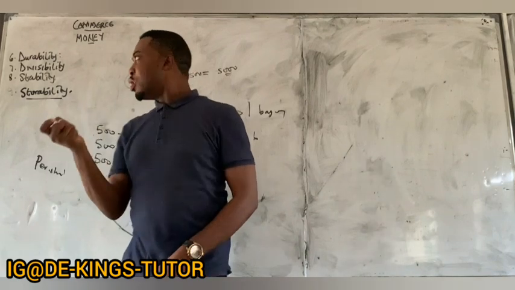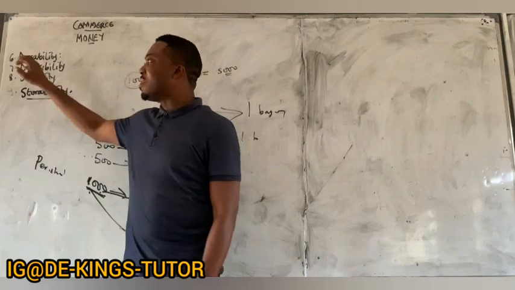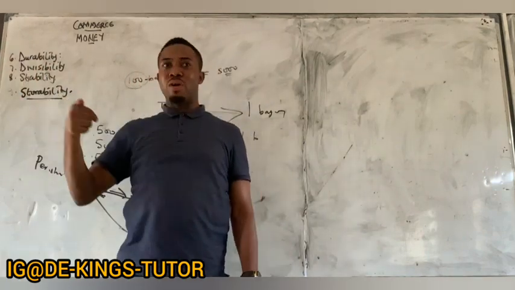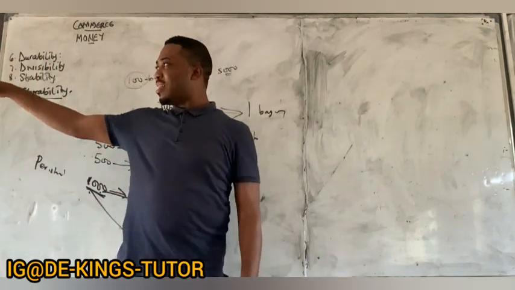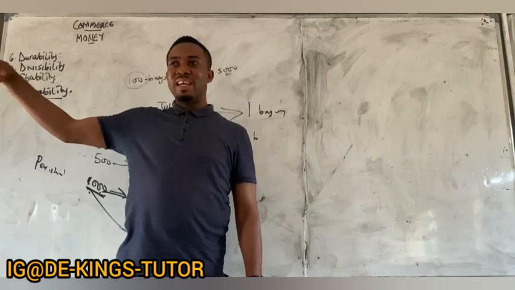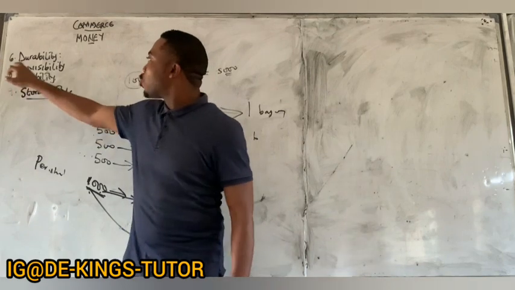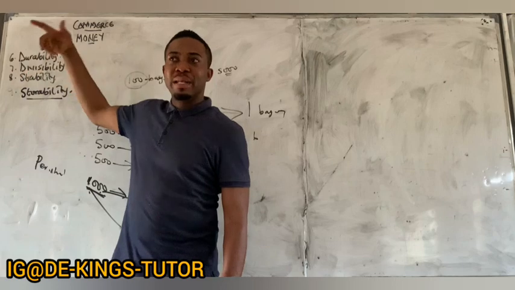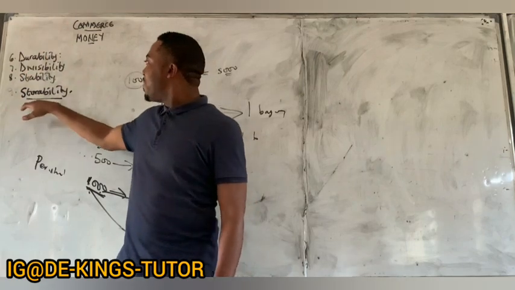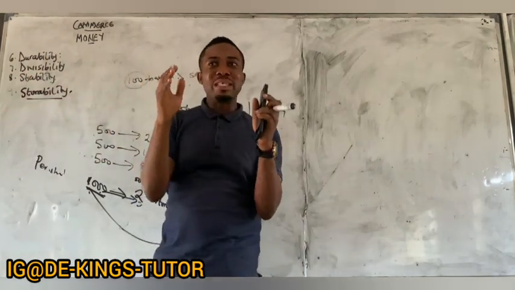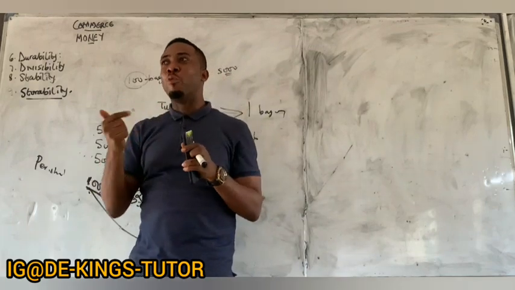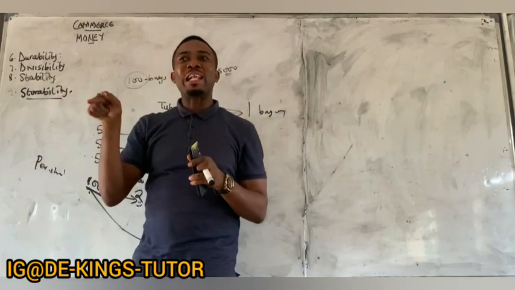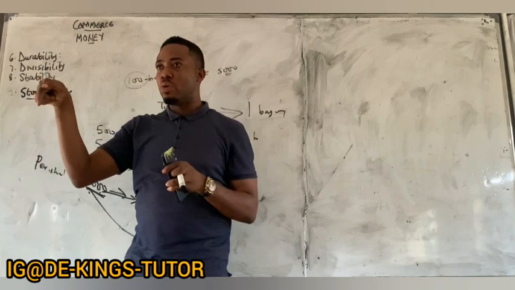It should not be something that can get spoiled. For instance, we cannot use leaf as money because in 3 days it has spoiled. That's what we mean by durability. So storability is that it should be easily stored for a long time, that's why I put without losing its value.